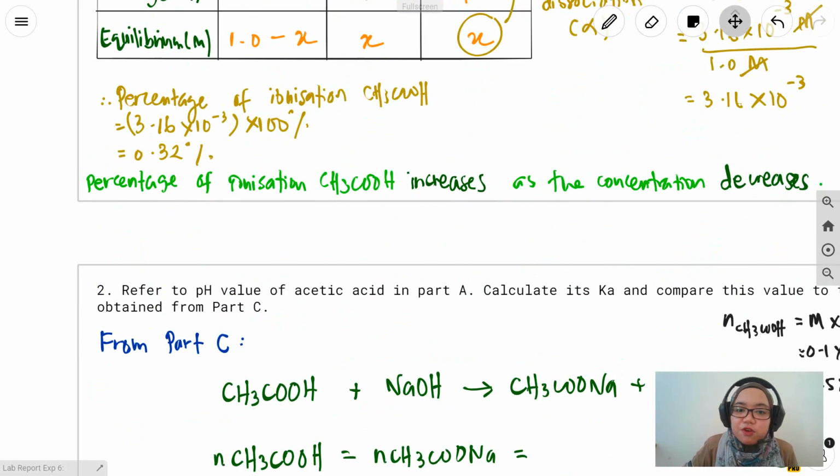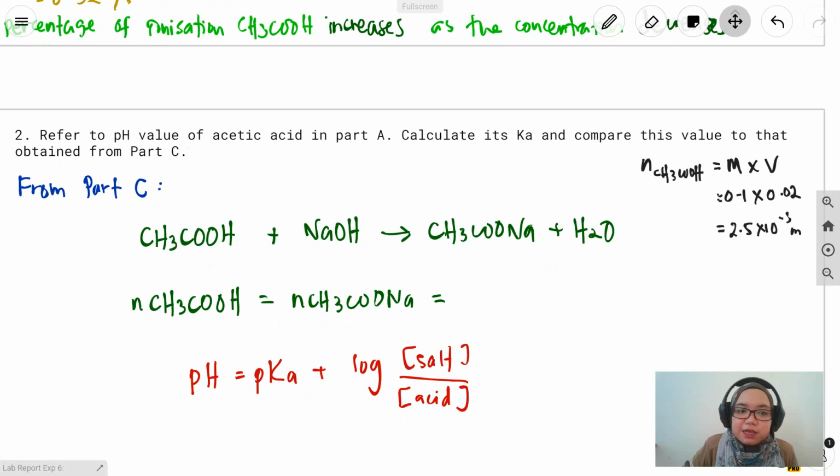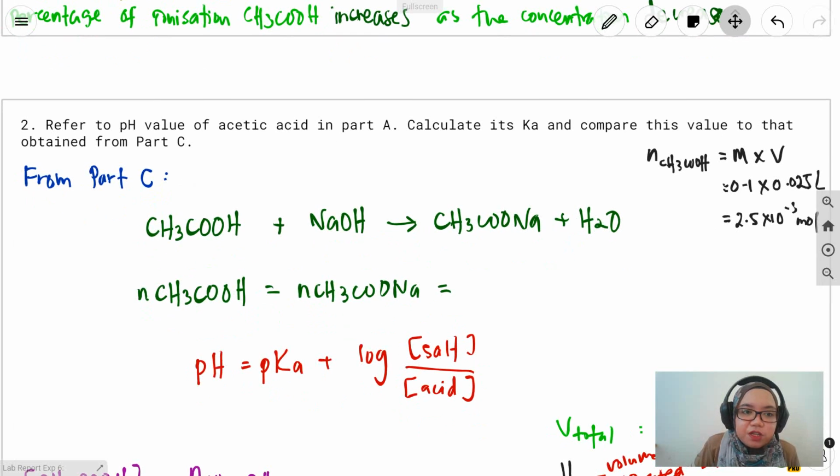Okay, now for question number 2, it says refer to the pH value of acetic acid in part A. So part A yang tadi tu, table tadi tu, dengan question 1 tadi. Calculate its Ka and compare this value to that obtained from part C. So kita nak kena compare from part C lah. So kita kira part C dulu berapa.